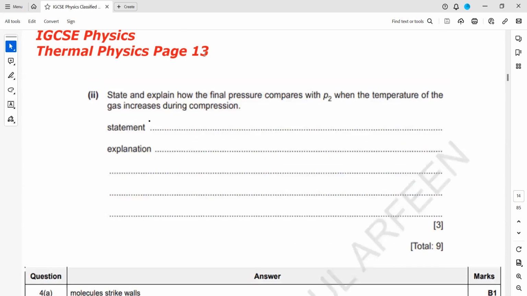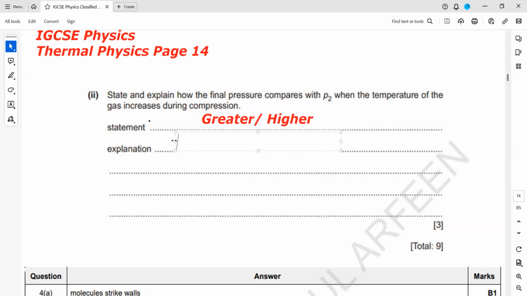On page 14, state and explain how the final pressure compares with P2 when the temperature has increased. If we increase the temperature, what will happen? The pressure will also increase. So the final pressure will be greater or higher. And what is the reason for that?